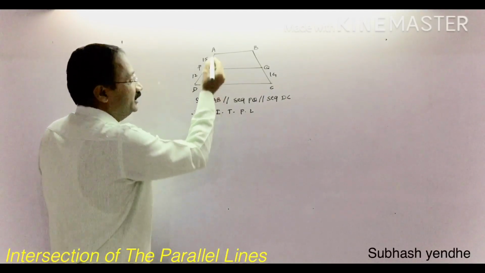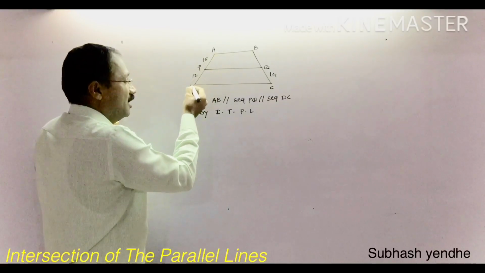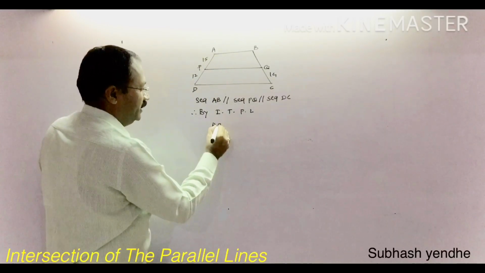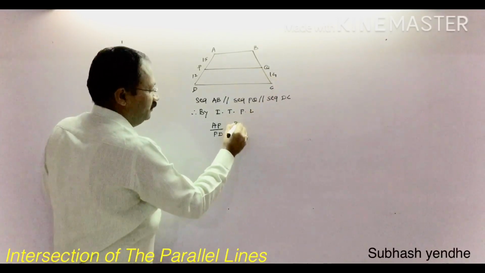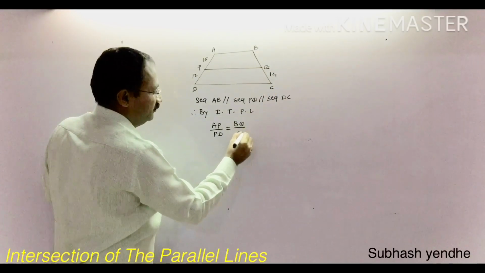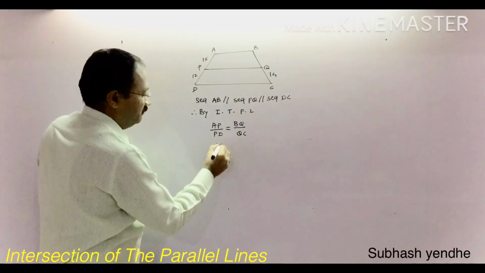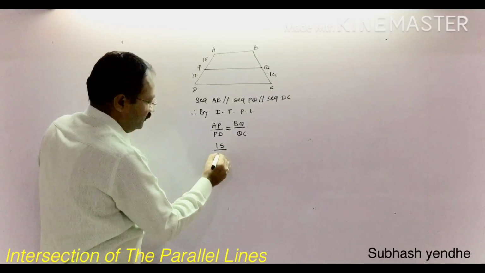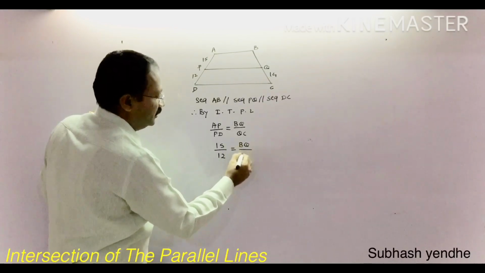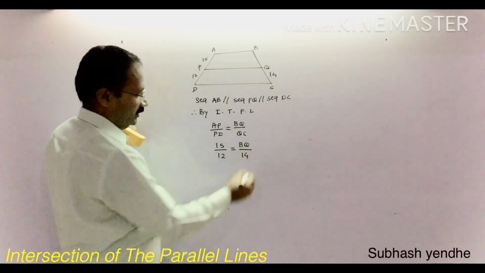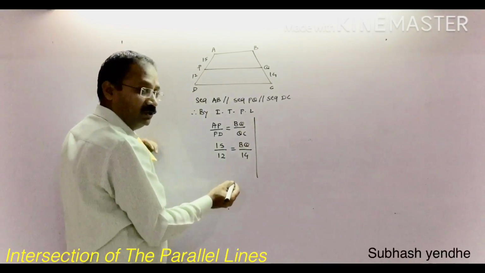So what you have to write is: it says that from upper to lower, AP upon PD equals BQ upon QC. AP is given 15, PD is given 12, BQ you have to find out, and QC is given 14.